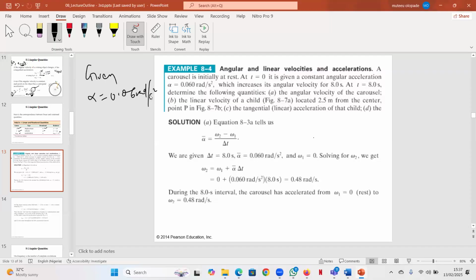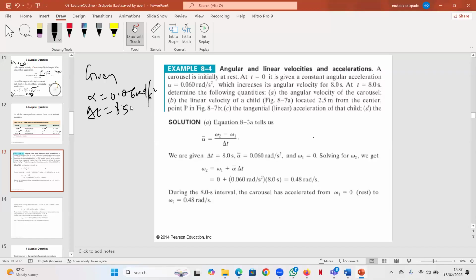That means the change in time is 8 seconds. So at t equal to 8 seconds, determine the following quantities.